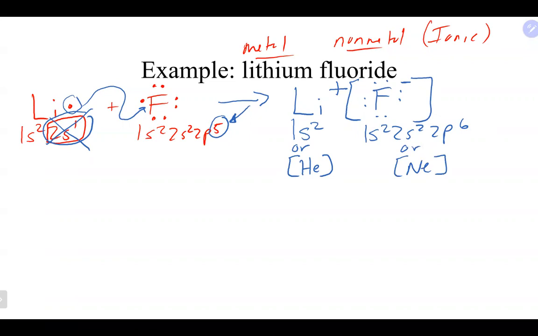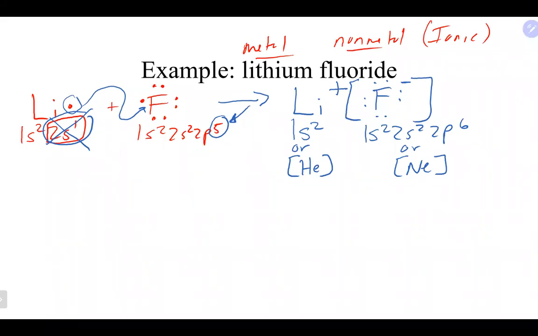So as I was talking about earlier, this is really the basis of all bonding. In this case, lithium will give away its electron, which allows it to go back to helium's configuration and become very stable. The fluorine will gain the electron, and that will allow fluorine to go forward on the periodic table and reach the same electron configuration as neon.